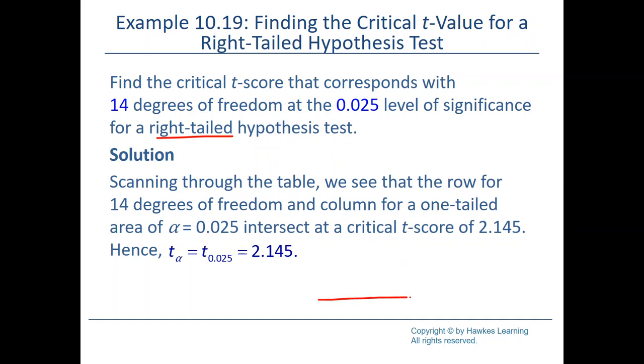Remind yourself that because it is a right tail, with 0 here, this is going to be my T alpha. It's not divided by 2 because it's a one tail only, and this area underneath here is alpha.